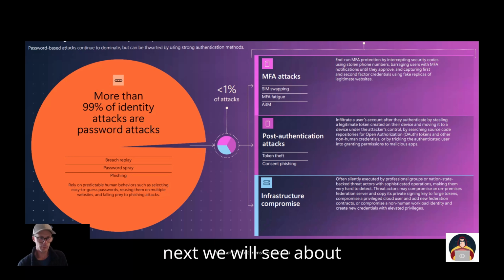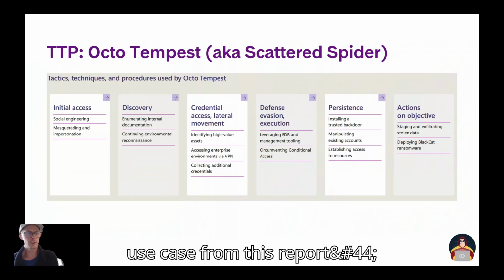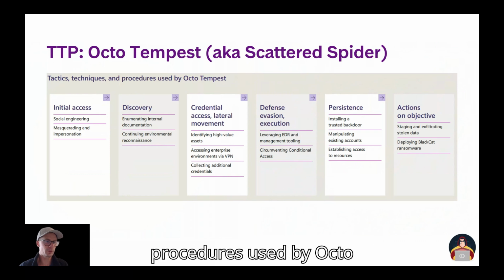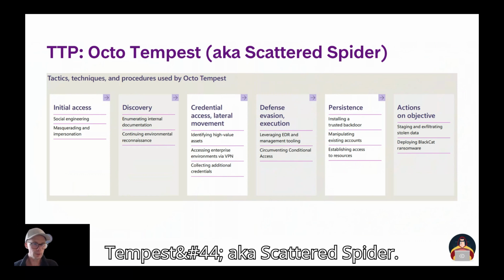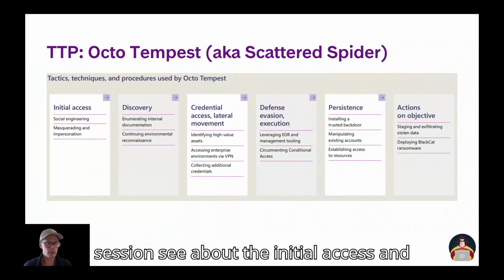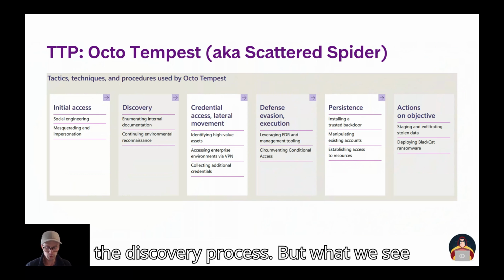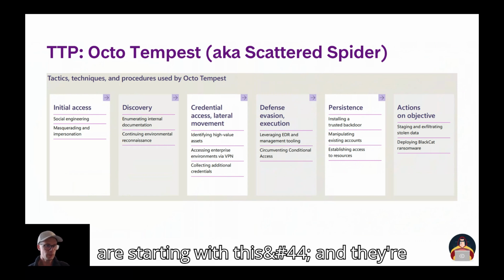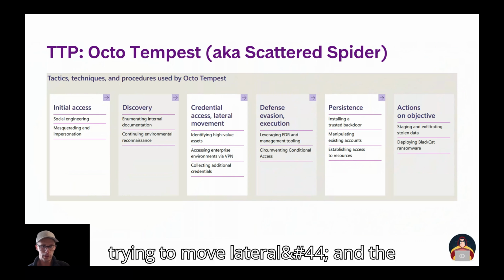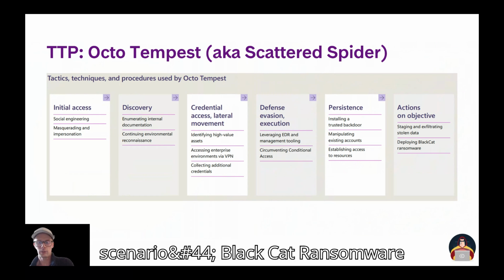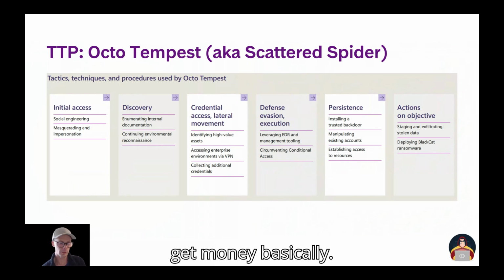Next we will see a use case from this report, some tactics, techniques, and procedures used by Octo Tempest, aka Scattered Spider. In this session we will mostly look at the initial access and the discovery process. But what we see here is that they start with this and try to move laterally, and the ultimate goal is to deploy, in this scenario, BlackCat ransomware and get money, basically.